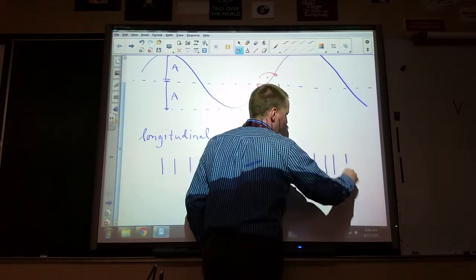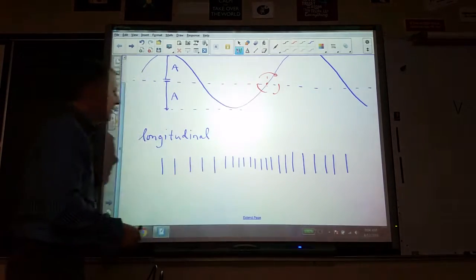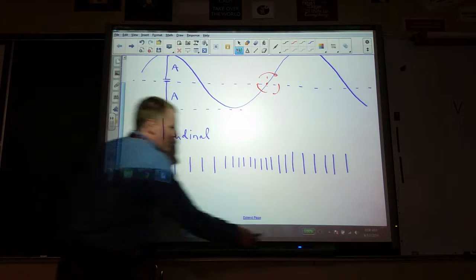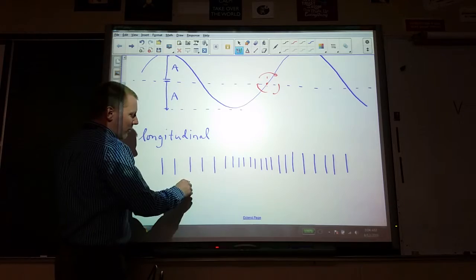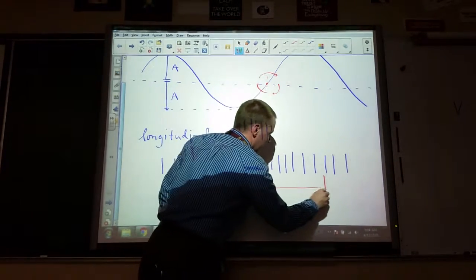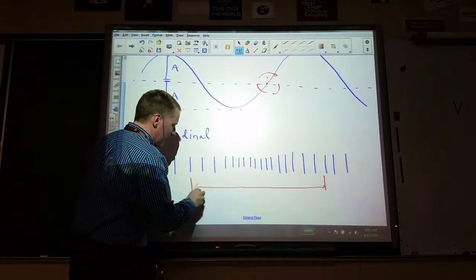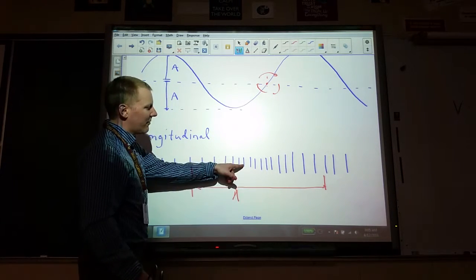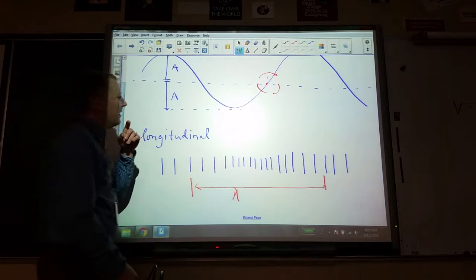I'm not intentionally making these taller or shorter. It's just because they were closer together. We've still got wavelength, which goes from one part of the wave to a similar part of the wave. If I had drawn it small enough, we could have gone from this part to the next part.